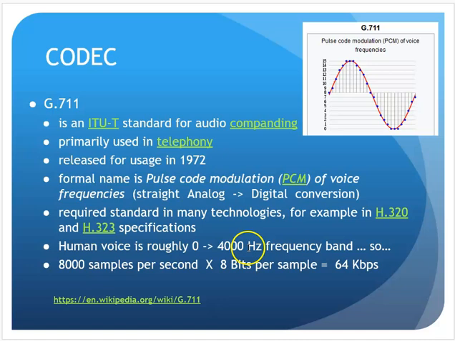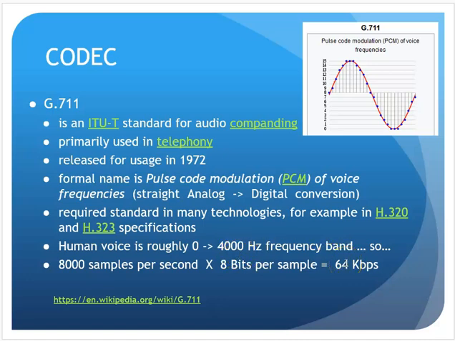Our human speech is roughly 0 to 4,000 hertz frequency. So a long time ago, they figured out that to do this accurately, you sample at twice your frequency range, so 8,000 samples per second, and you can represent this frequency band well. So 8,000 times per second you're doing the little plotting, and I use an 8-bit number for each one of those, and that's where your 64K comes from.